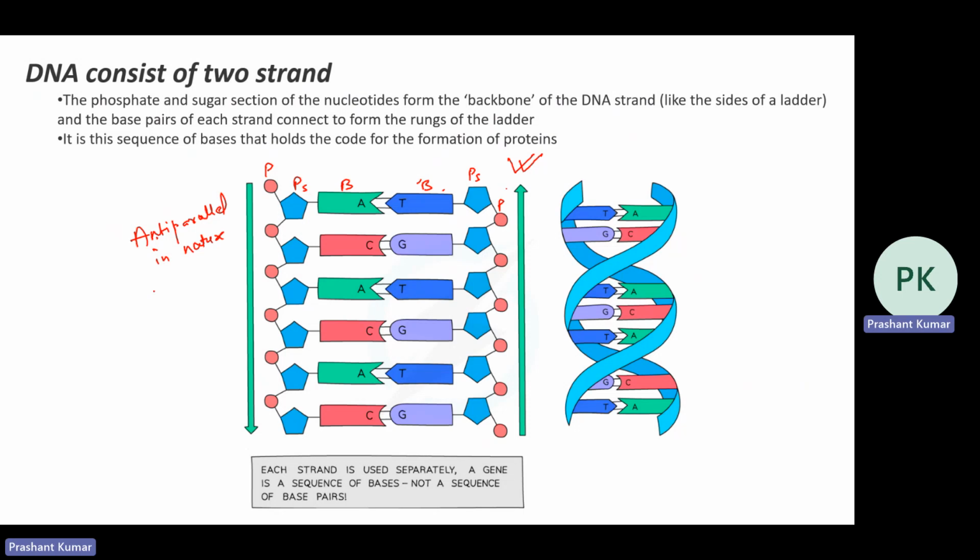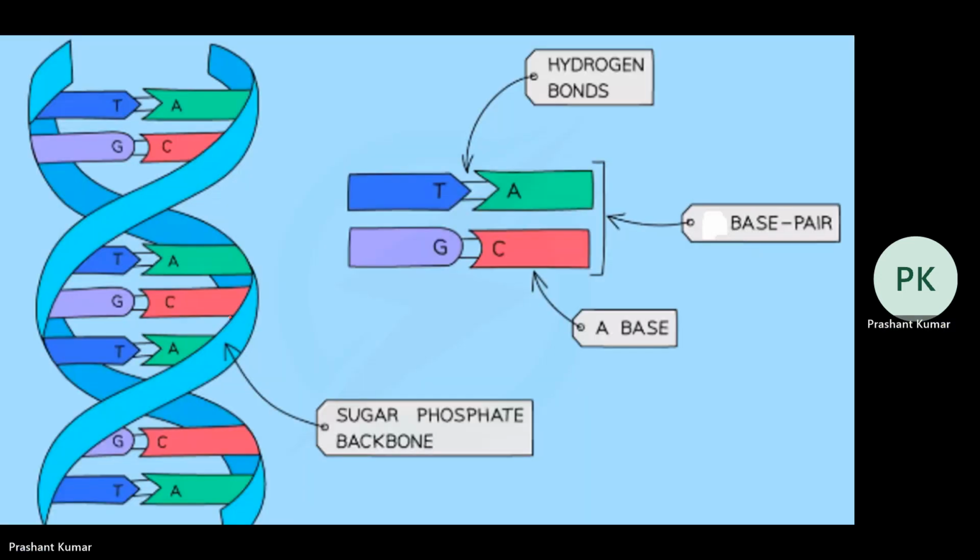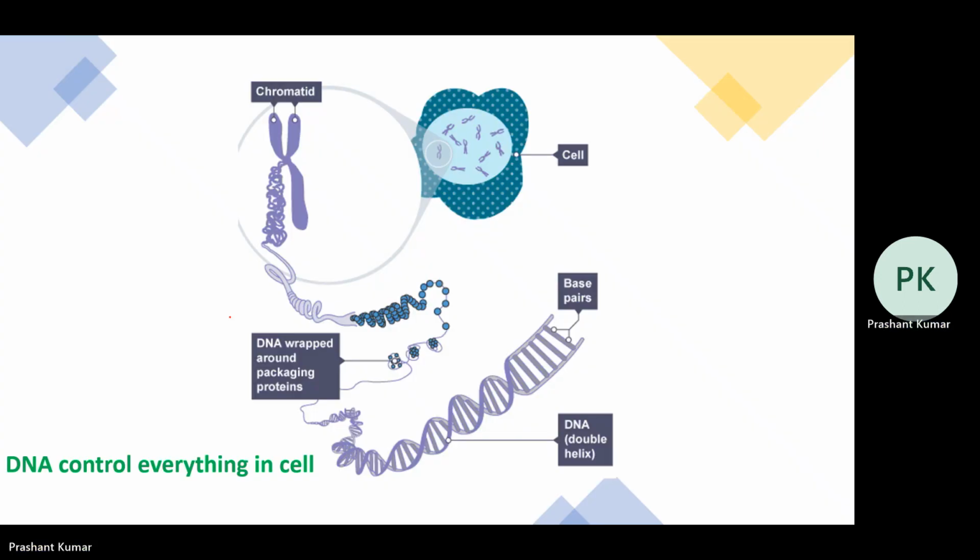Opposite direction due to the opposite direction of the nucleotide chains. And so the chains are different. Base pairing: T binds with A, G binds with C. We call them base pairs.